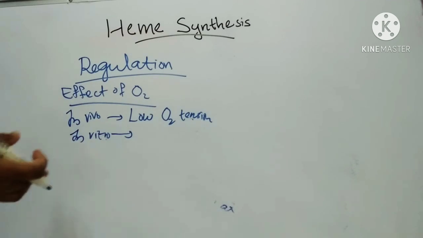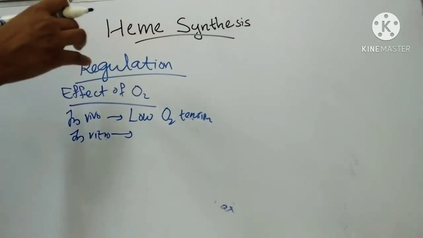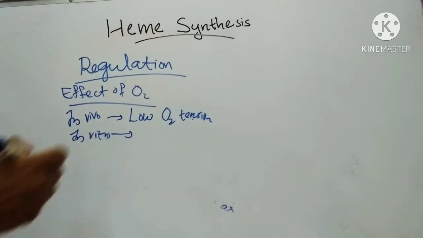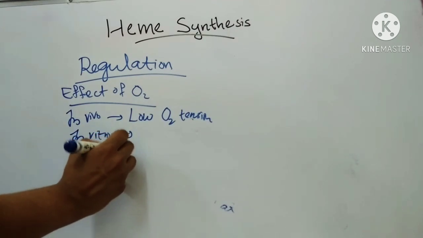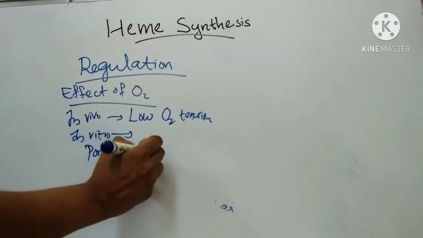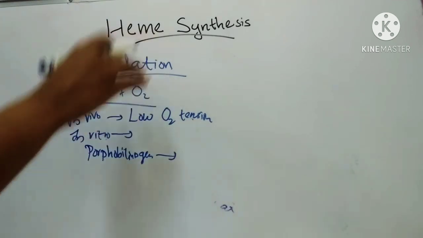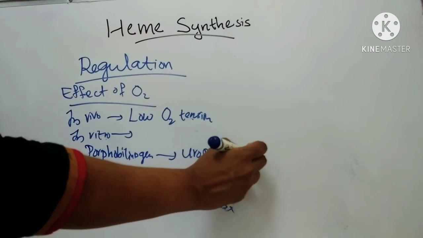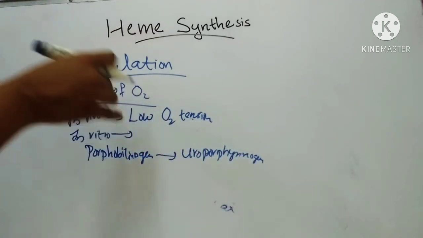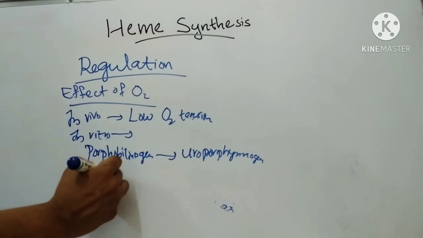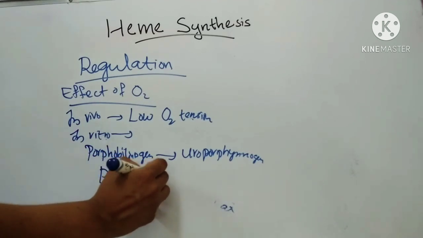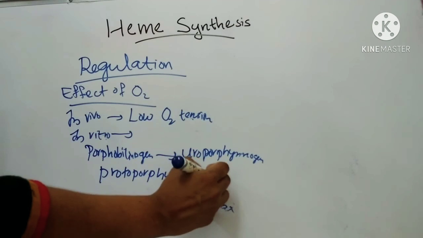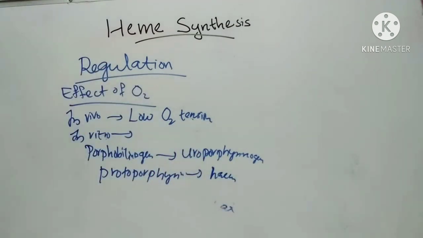Then in vitro, conversion of porphobilinogen to uroporphyrinogen and protoporphyrin to heme are both inhibited by oxygen.